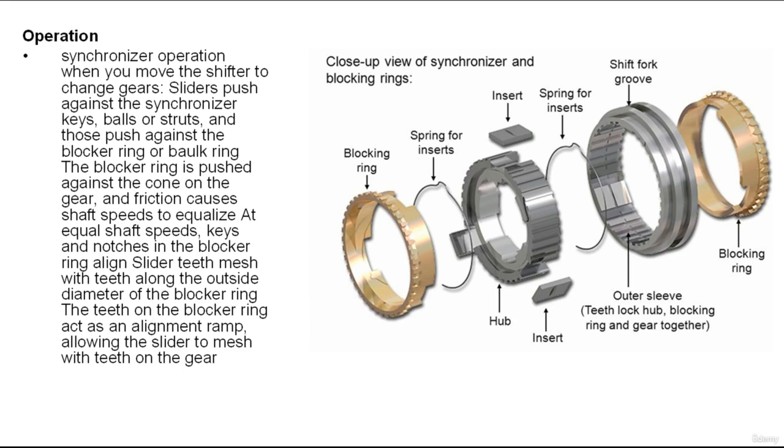This forces the shift fork on the synchronizer sleeve toward the first speed gear on the pinion shaft. As the sleeve moves, the insert also moves because the insert ridges lock the insert to the internal groove of the sleeve. The movement of the insert forces the blocking ring's cone friction surface against the cone surface of the first speed gear shoulder.